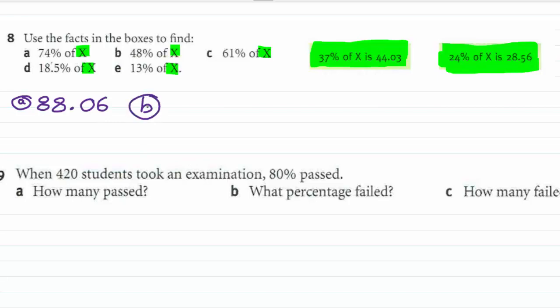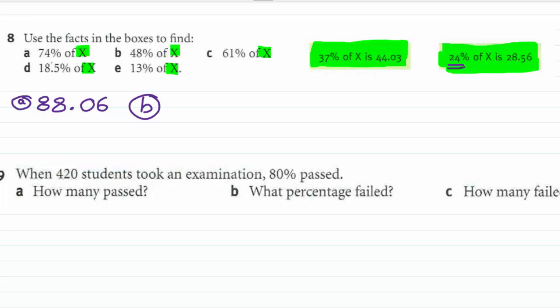B. 48, it's clear that 48 is 2 times 24, so multiply 28.56 by 2.